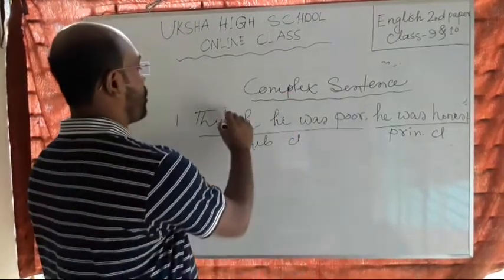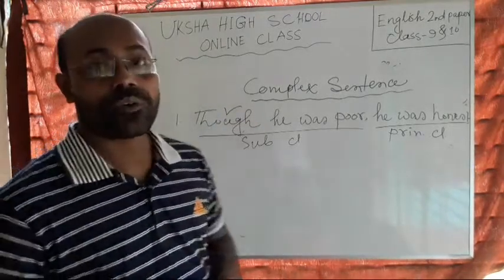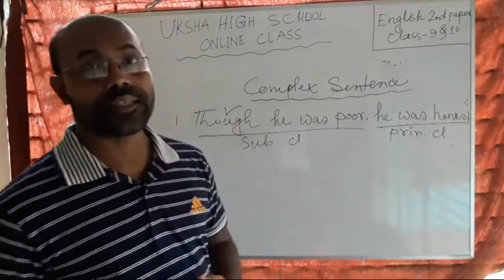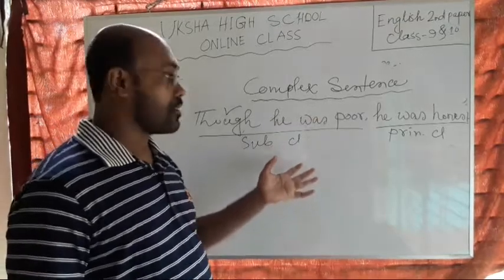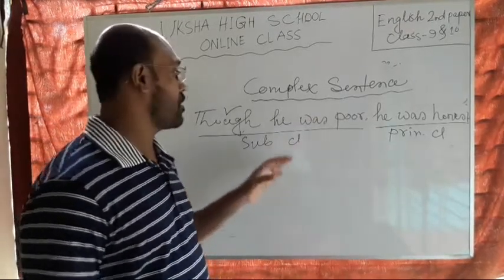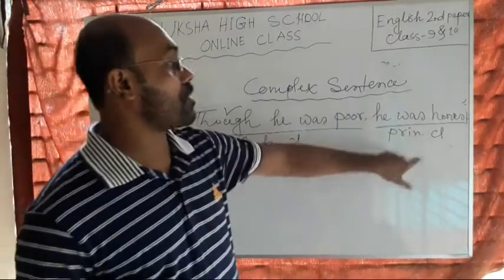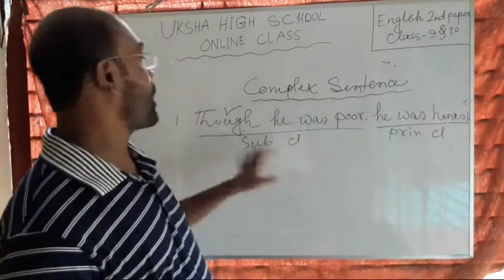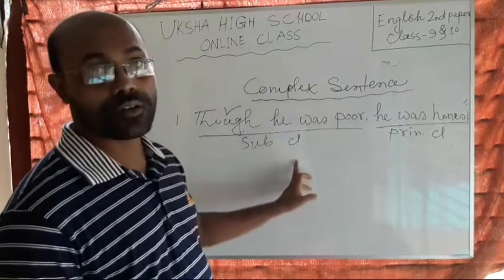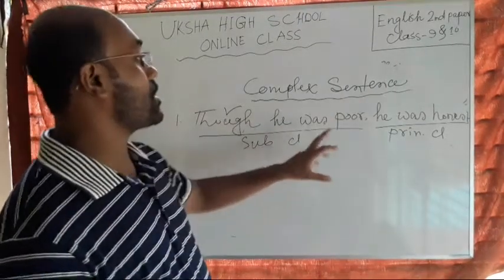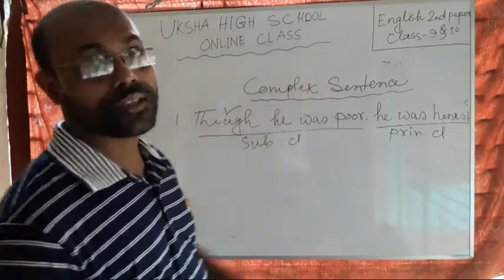That is, though, although, if, as. I will discuss the indicators next. So here, "he was honest" is the principal clause, and "though he was poor" is the subordinate clause. So this sentence is an example of a complex sentence.